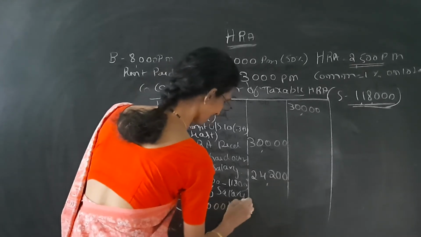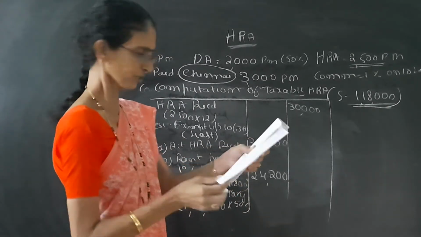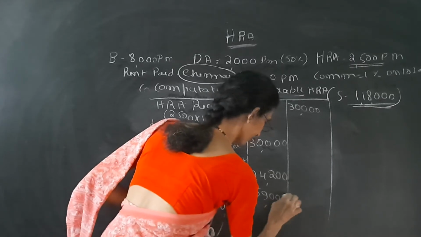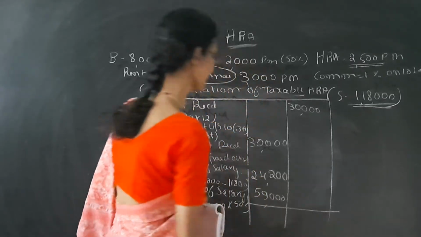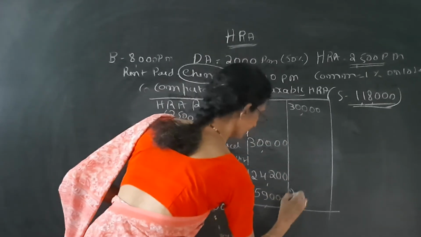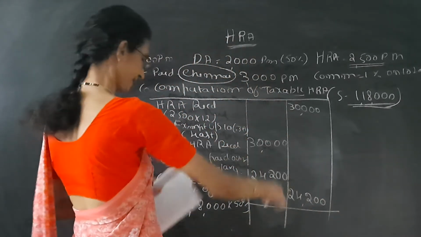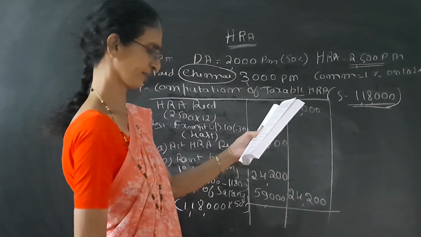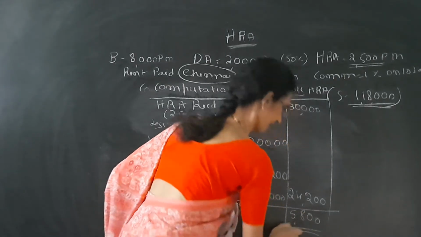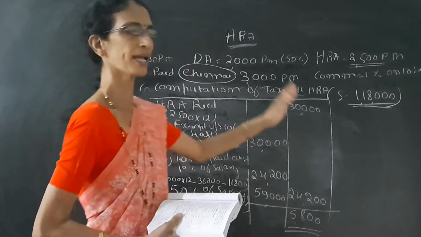So 1,18,000 into 50%, we get 59,000. So the least of the following: 30,000, 24,200, 59,000. The least is 24,200. Deduct it from 30,000, then we get 5,800. So this 5,800 is the taxable HRA.